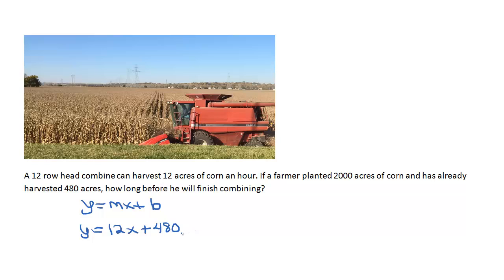So we want to know when he will finish. We're going to substitute 2,000 in for y. All of his acres will be finished with this when this equation is satisfied. So let's get the 12x by itself by subtracting 480 from both sides.